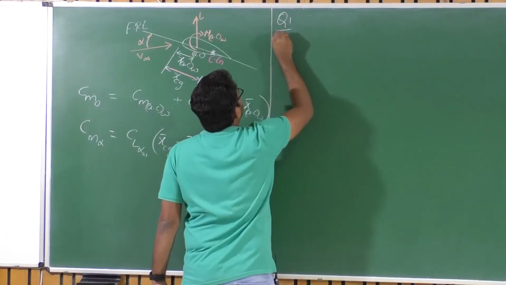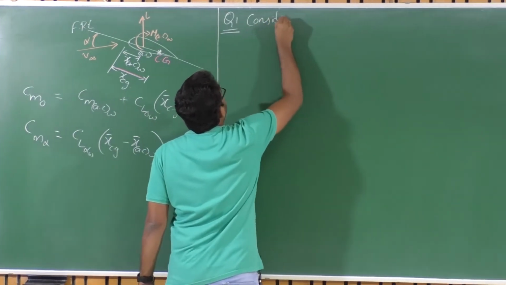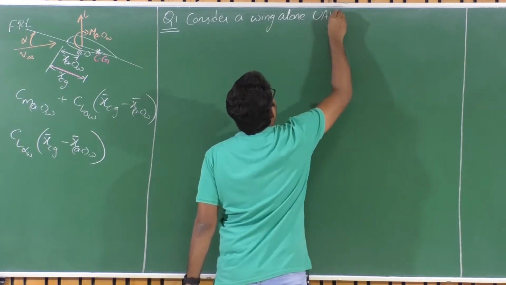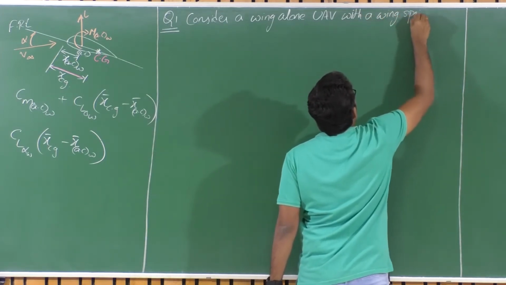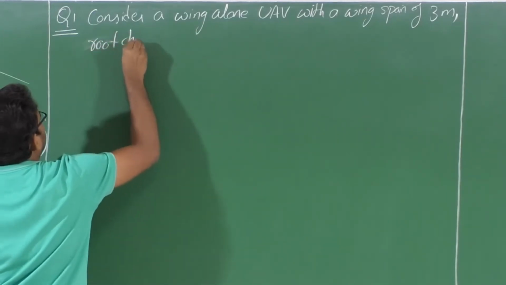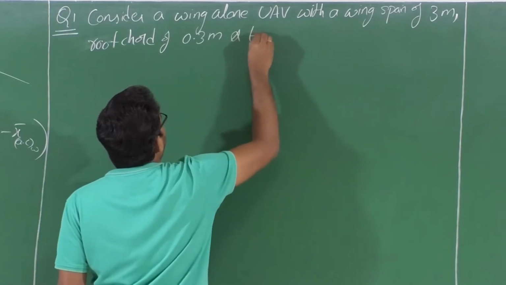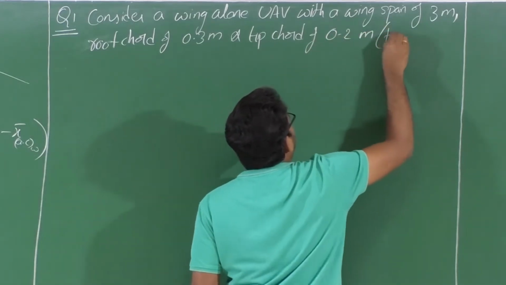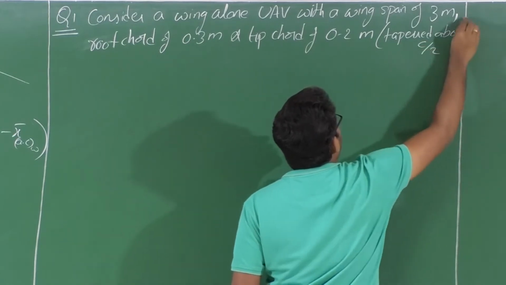So, question 1 for this week is: consider a wing alone UAV with a wingspan of 3 meters, root chord of 0.3 meters and tip chord of 0.2 meters, tapered about c of y by 2.